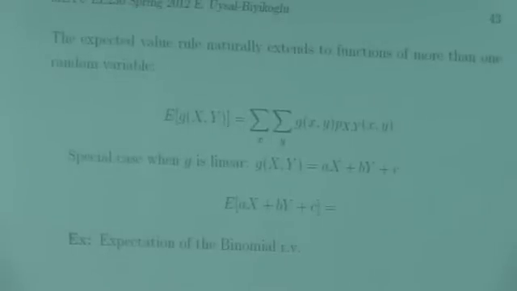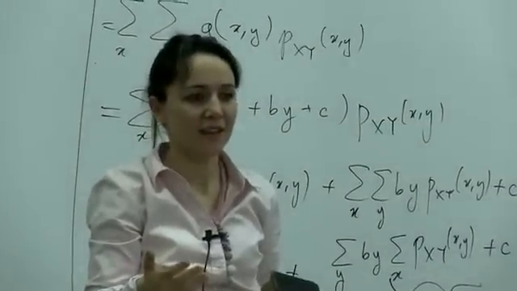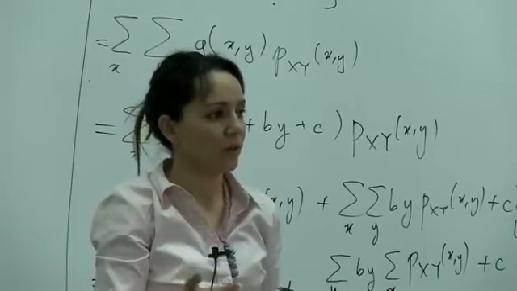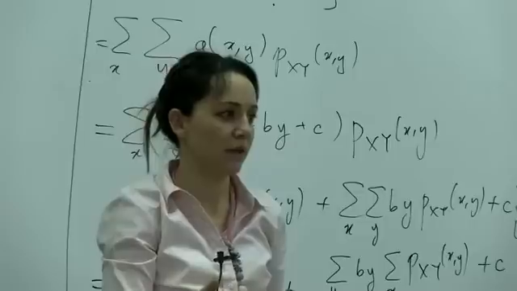Now here's an example that I think is interesting and fun. The expectation of the binomial random variable. What is the binomial random variable? Let's remind ourselves. The number of successes in n independent trials, the probability of success in each trial being p.